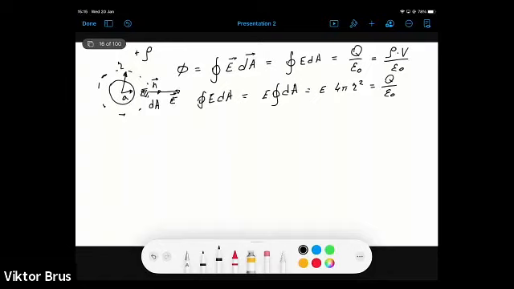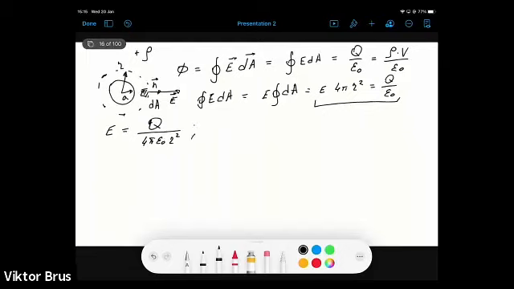From this equation, we can easily calculate our electric field at distance r from the center of the spherical charge. In this case, the electric field will be equal to the total electric charge in this sphere with a radius a, divided by 4 pi times epsilon 0 times r squared.